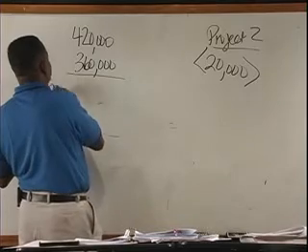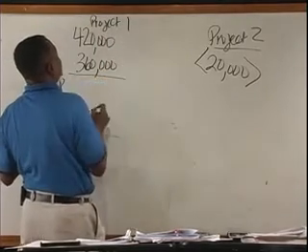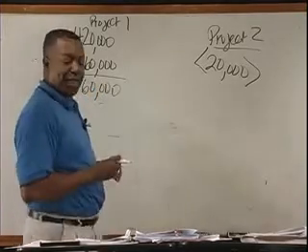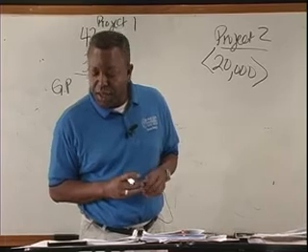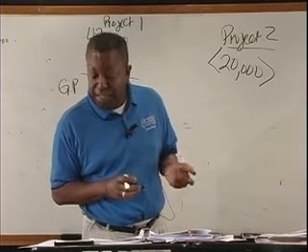So that means the expected gross profit on Project 1 is going to be $60,000. Okay? Now, what we need to know is, what is the percentage complete?